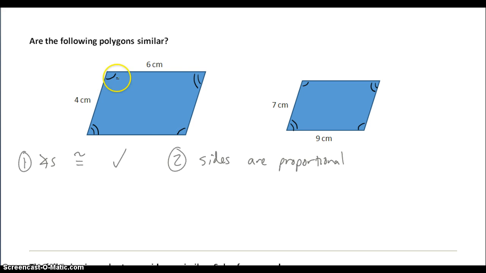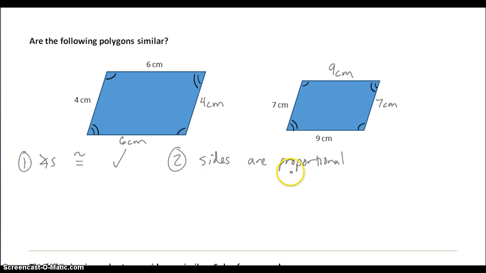Well, if my opposite angles are congruent in these shapes, then these shapes have to be parallelograms. And in parallelograms, opposite sides will be congruent. So I actually know all 4 lengths.